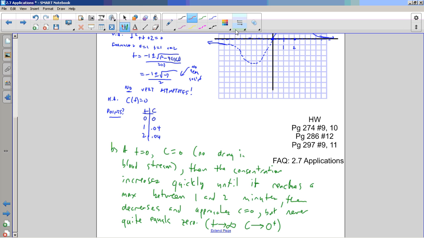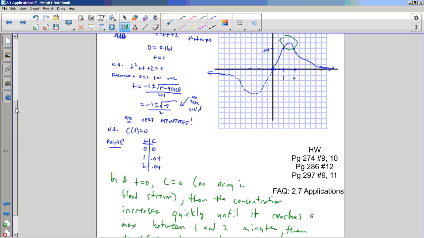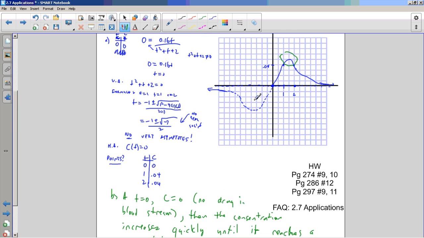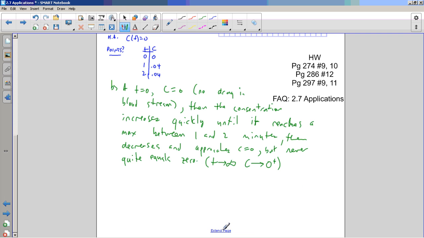What I want to talk about for just a second before I set you free on the homework is the negatives. Is this okay? Say, well, T can't be negative. Time can't be negative. Well, no, T could be negative. That's possible because we think about T equals 0 as when the drug was administered. So a negative T represents time before the drug was administered.